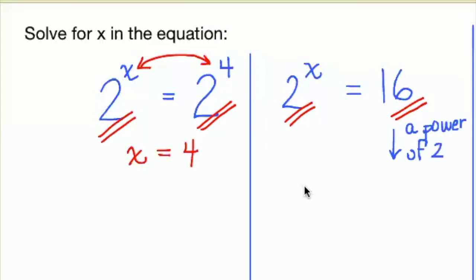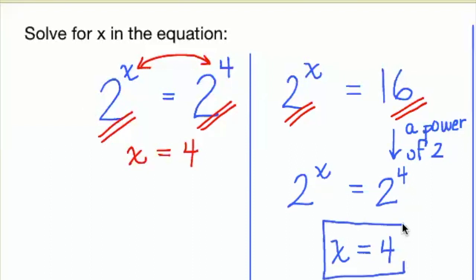I can leave the left side of my equation untouched, and 16 happens to be 2 to the 4th power. And then isn't that the same equation that we have over here? So again, once we have the same base, you can drop the bases and set the exponents equal to solve.